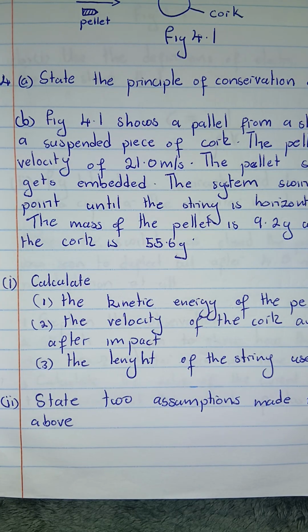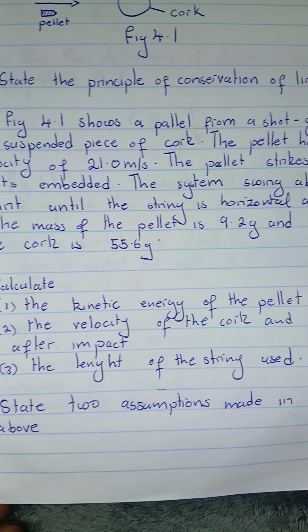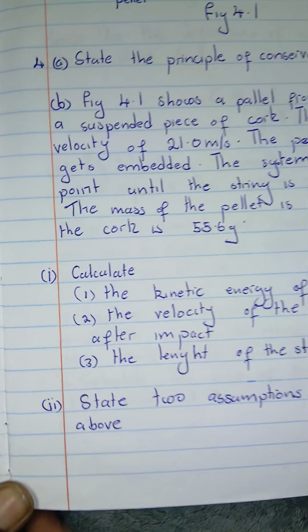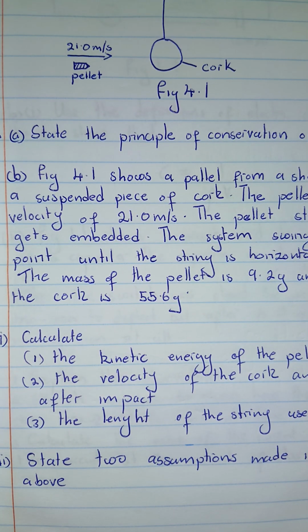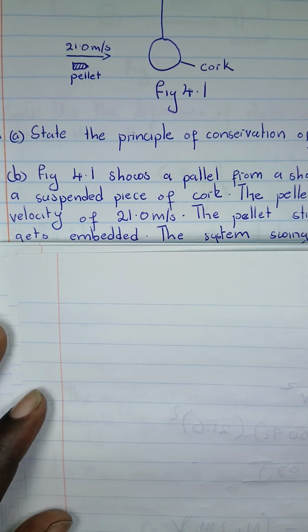So now let's do the last part. State two assumptions made in this calculation above. So the first assumption that we made in this calculation is that there is no external force.